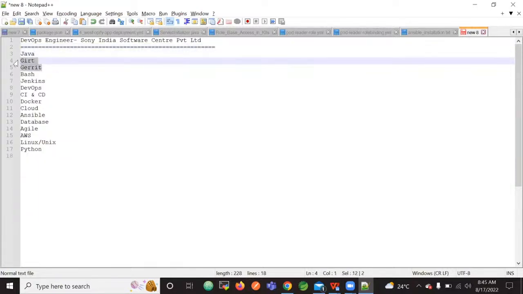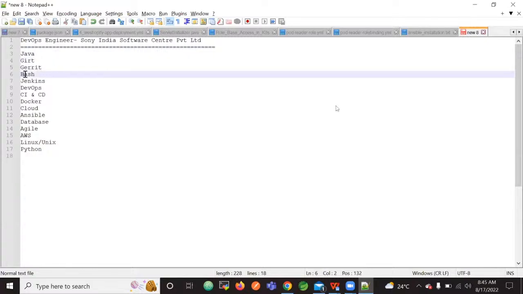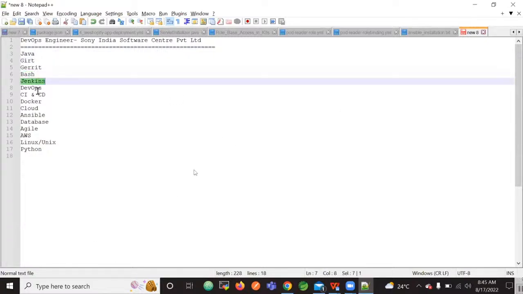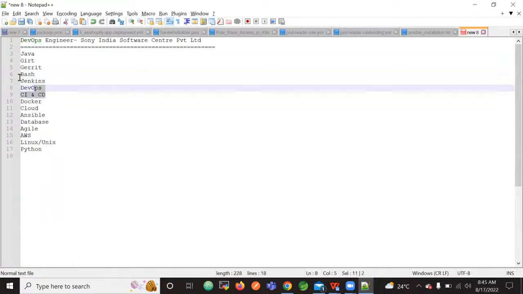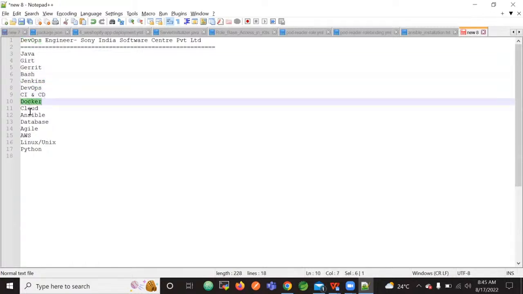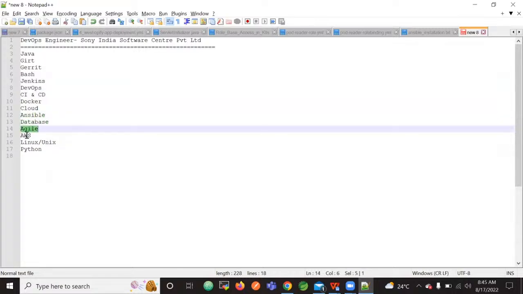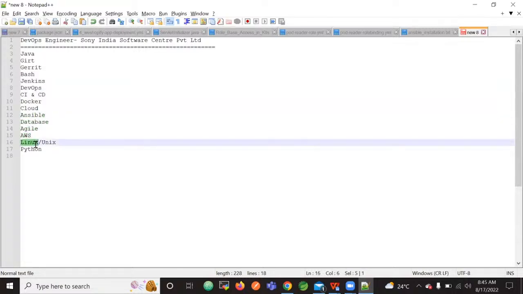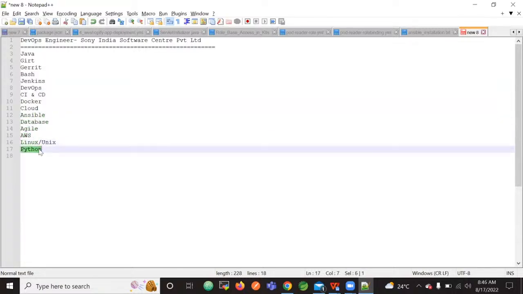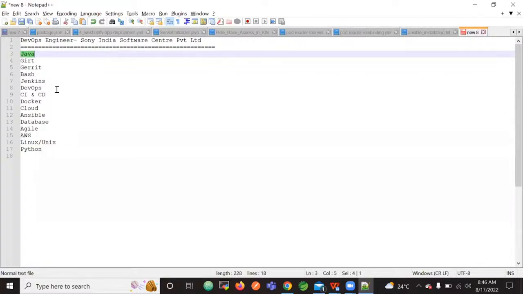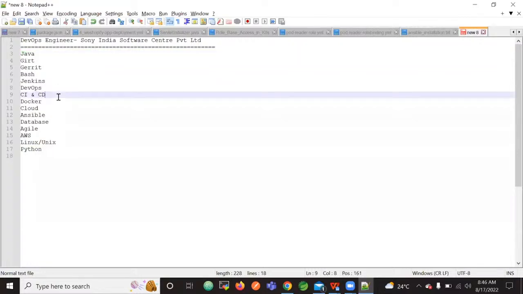We don't know what it is, even I don't know. But commonly they are asking for Bash, Jenkins, DevOps, CI and CD, Docker, Cloud, Ansible, Database, Agile, AWS, Linux, and Python programming language experience, or maybe the knowledge, we don't know. Java experience or the knowledge. So basically, this is the skill set they published.